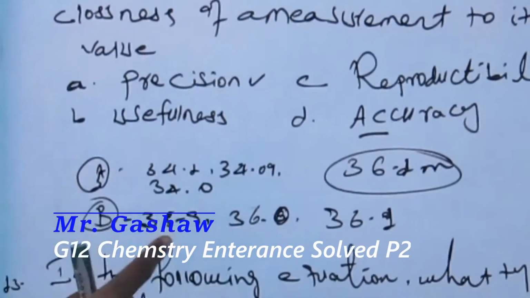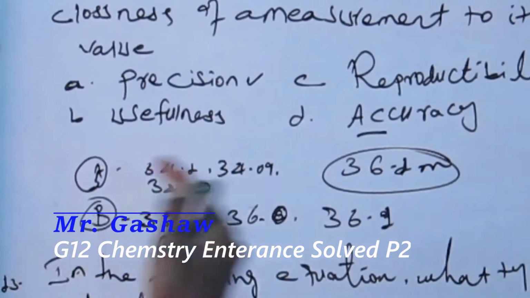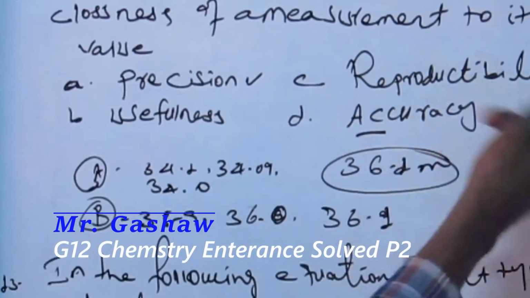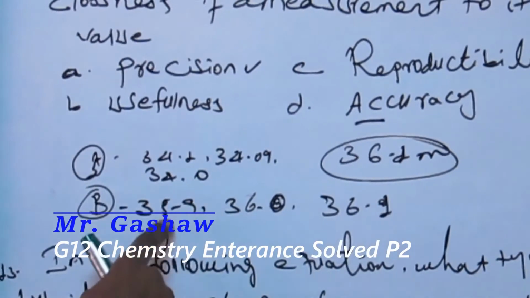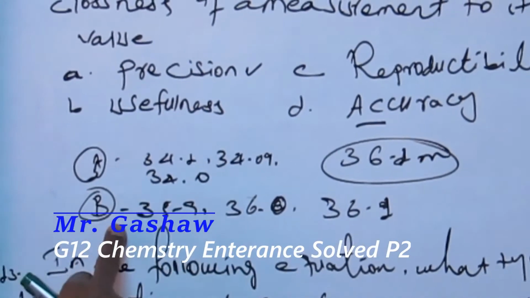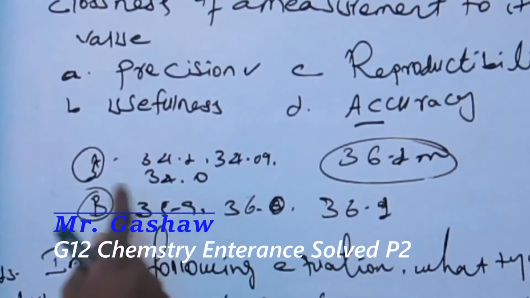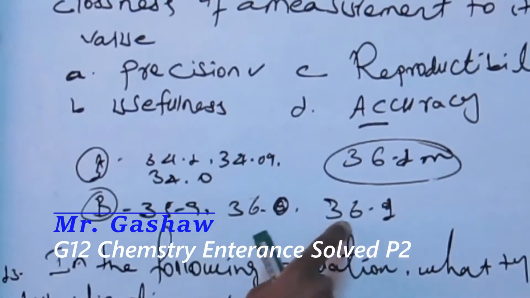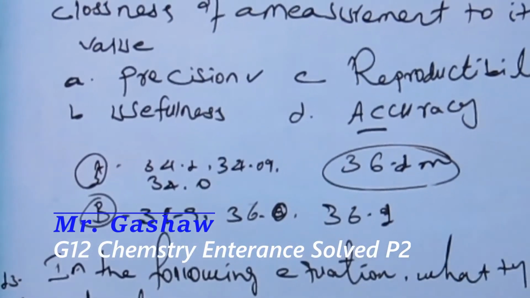But accuracy means the closeness of the measured value to the true value. The true value is 36.1. So from this one, student B approaches the true value: 35.9, 36.0 and 36.1. Trial number 3 is exact with the true value.